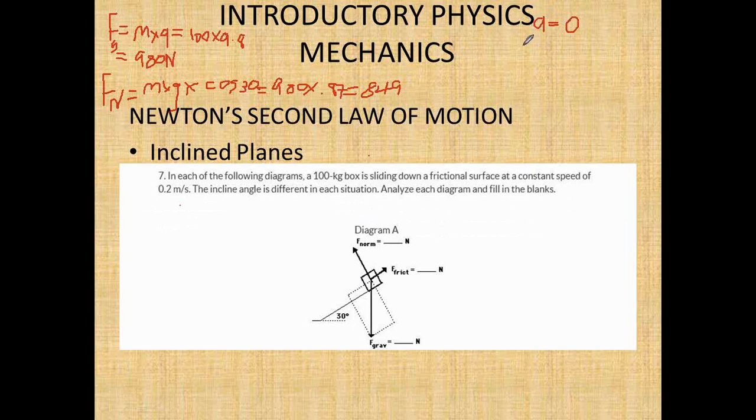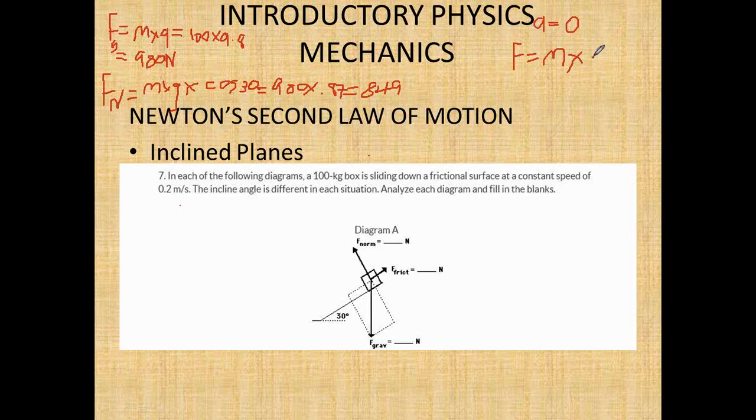So what they're telling you is that the net force, remember, net force is equal to the mass times the acceleration. Net force from Newton's second law. So the mass of this object times its acceleration down the inclined surface is equal to the net force.